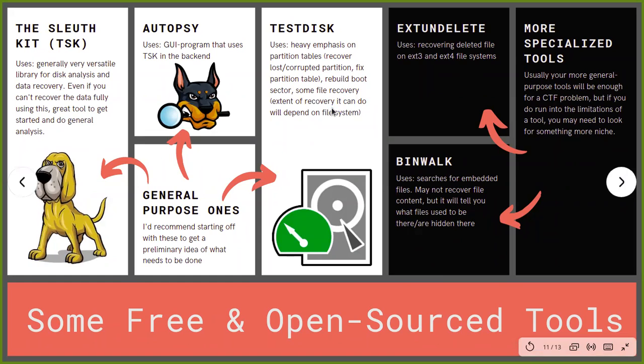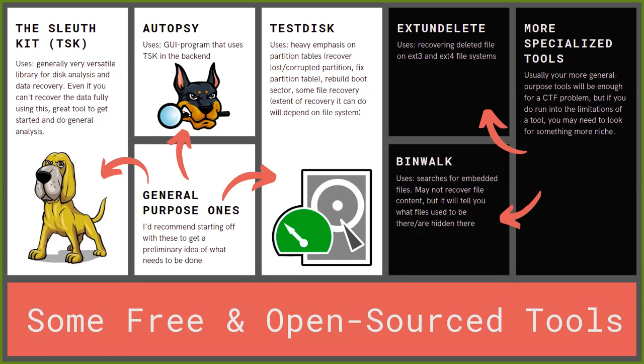So some examples of tools that I've seen people use for CTFs. These are your general purpose ones. TestDisk is pretty nice. It's got a heavy emphasis on being able to help you with partitions, so things like fixing partition tables. It also does boot sectors, and then it has some extent of file recovery that it can do.